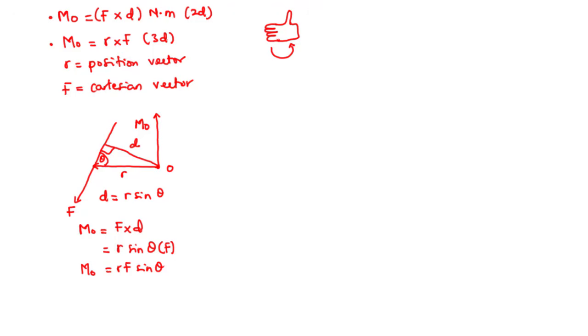That is, you move from R towards F, and so you realize that the moment is in the anti-clockwise direction. So the moment about the point O, which is given as the cross product of R and then F, has a direction which is in the anti-clockwise way.